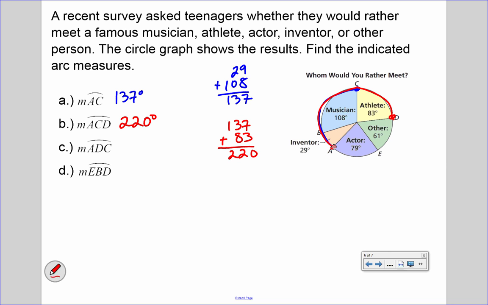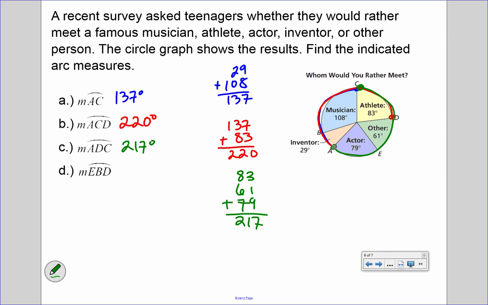All right, let's look at our next one, which is ADC. So we go from A all the way to D, all the way to C. So this one includes the yellow, which is 83, the green, which is 61, and the purple, which is 79. So we can just add those three up, and we can get our total for the green arc. So 83 plus 61 plus 79, and we get 217.